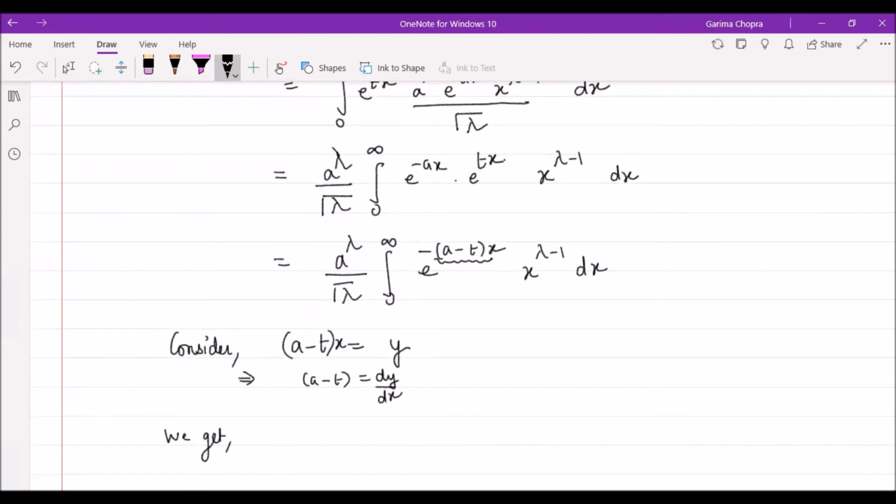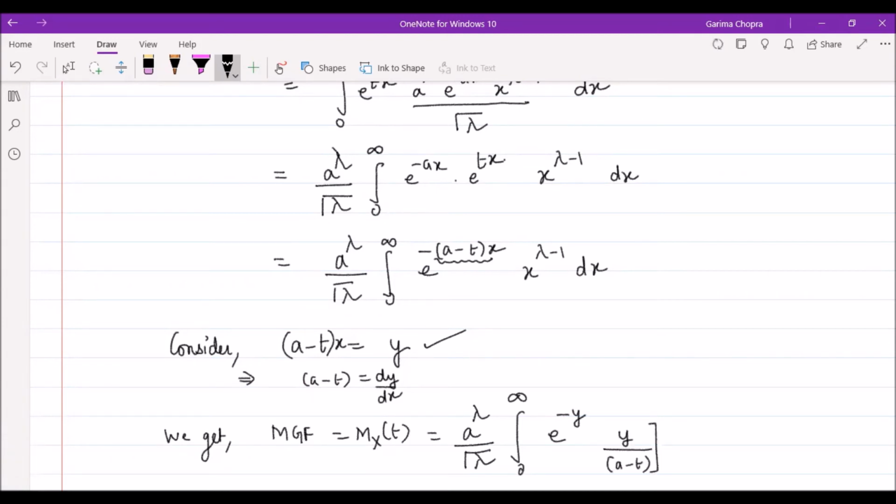We get that the moment generating function is a raised to power lambda divided by gamma of lambda, and in this integral, when we have used this substitution, the limits will be the same, 0 to infinity, no change in the limits. e raised to power minus y, and x is y upon a minus t, and this raised to power lambda minus 1.